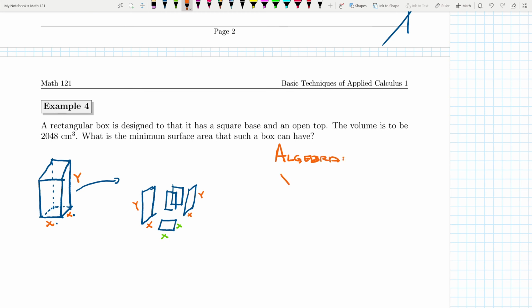That's a volume of 2048 feet cubed. So volume equals x squared y, and 2048 equals x squared y, where y equals 2048 over x squared.